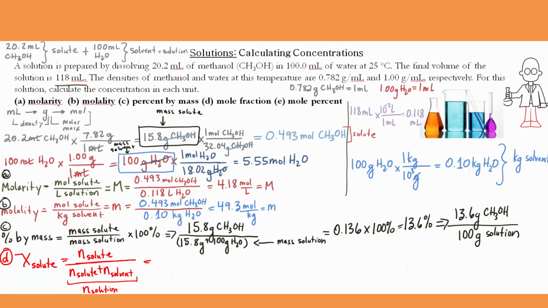So the number of moles of the solute is going to be this guy right here. So that's going to be 0.493 divided by 0.493 plus the moles of solvent, which is going to be this guy right here. That's going to be 5.55.